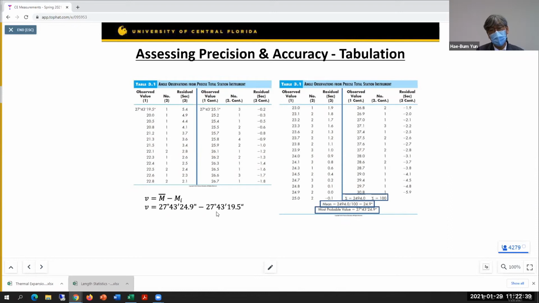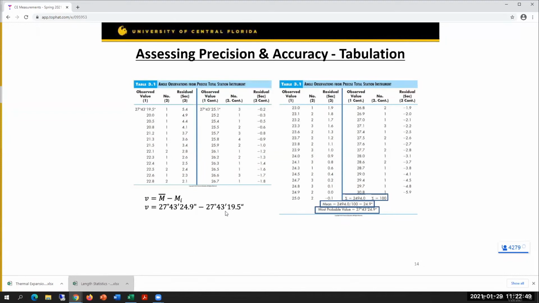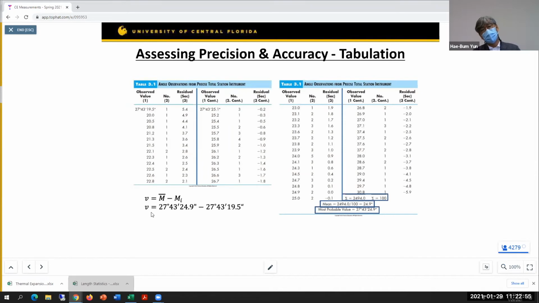So this is just one example. Did I answer your question? Yes, and in labs, you're going to specify which residual we want, right? The residual can be calculated for all observation values, and that will be done when you determine the error boundary. I will show you later.